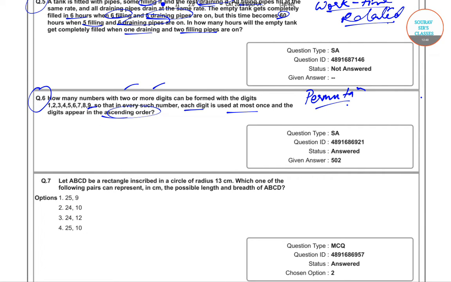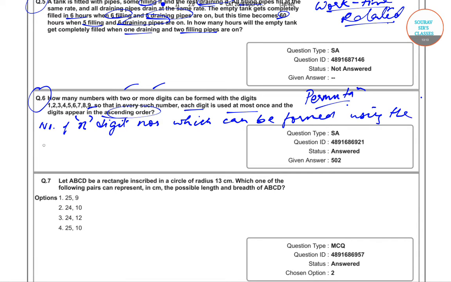Now there is a formula: if we consider only the ascending order, the number of n-digit numbers which can be formed using the 9 given digits is equal to 9Cn.